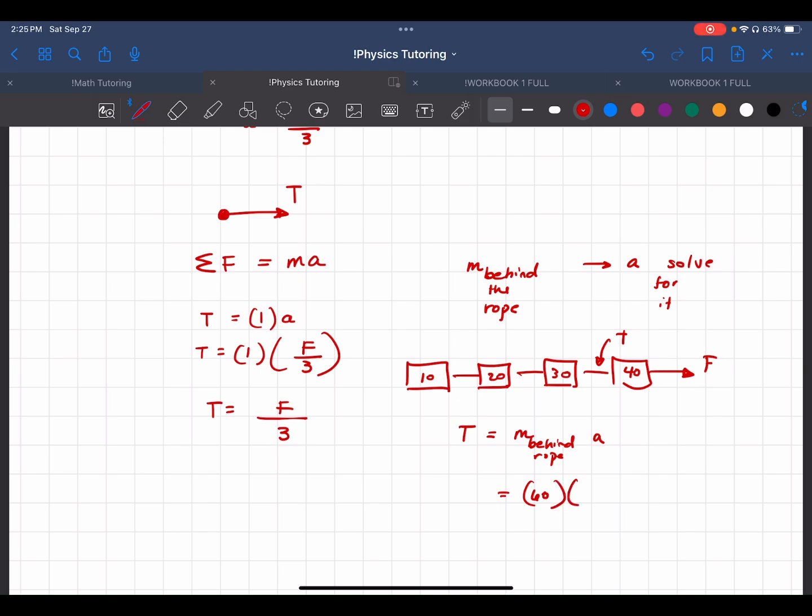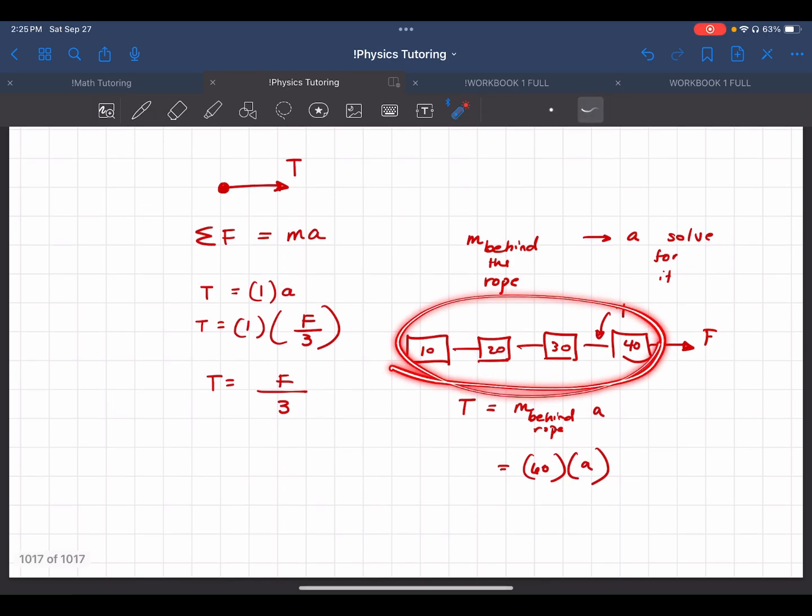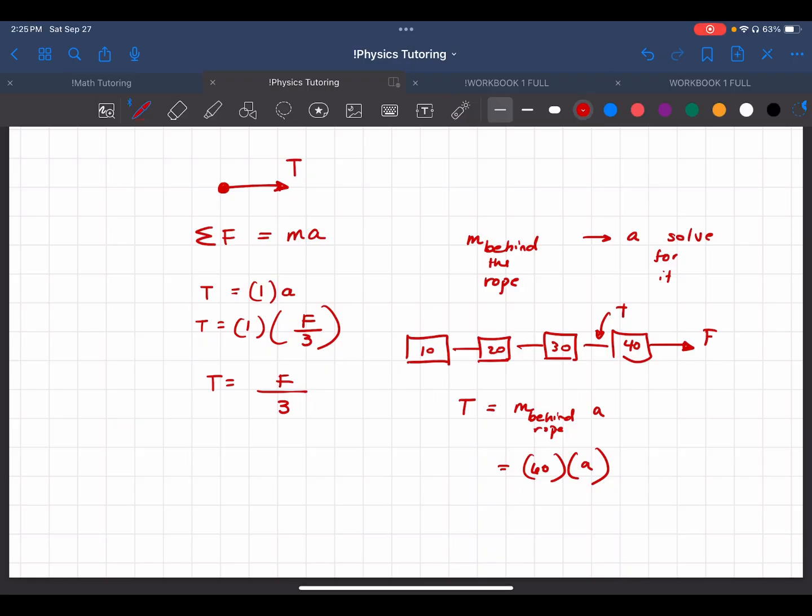Then I can solve for A, the same way I just did. A will be the force divided by the total mass.